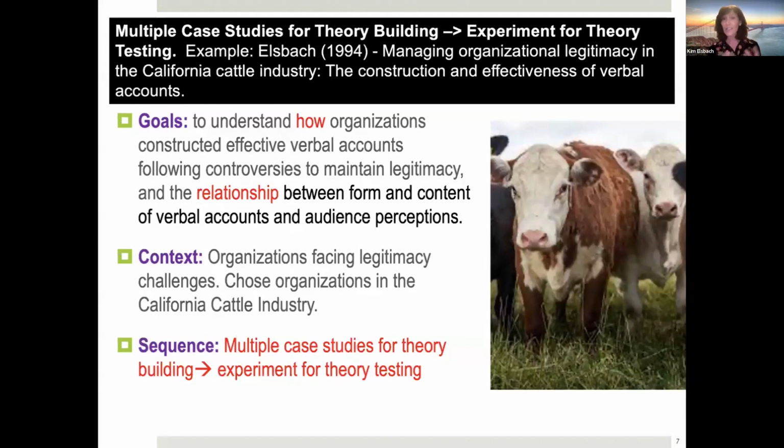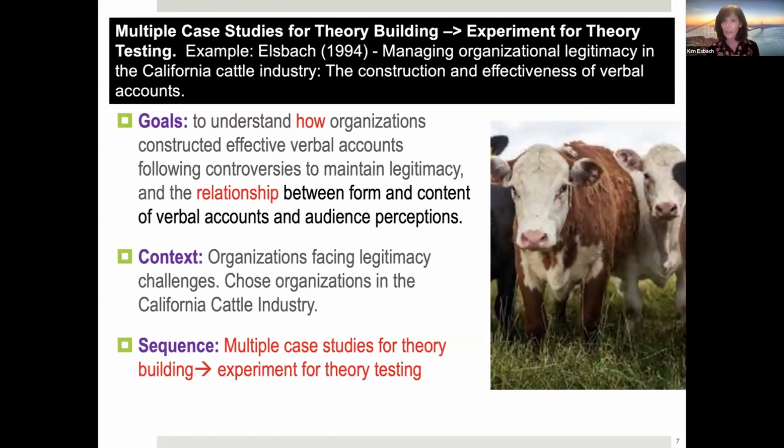To do this, I decided I needed an in-depth context of organizations that were facing legitimacy challenges. And at that time, the California cattle industry was facing challenges to their legitimacy for all kinds of reasons: environmental and climate reasons, food safety reasons, water safety reasons. So this seemed like a good qualitative context.